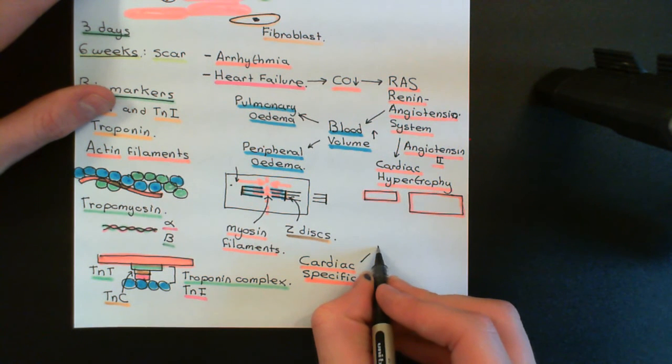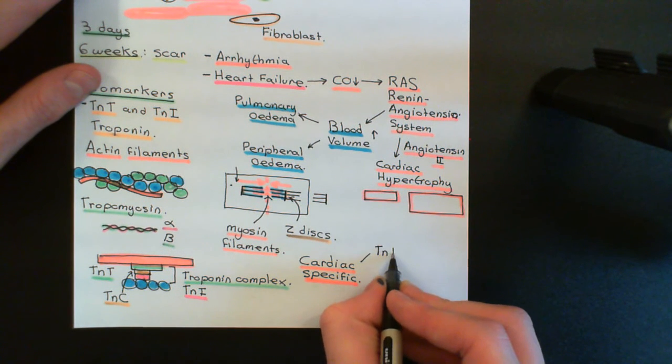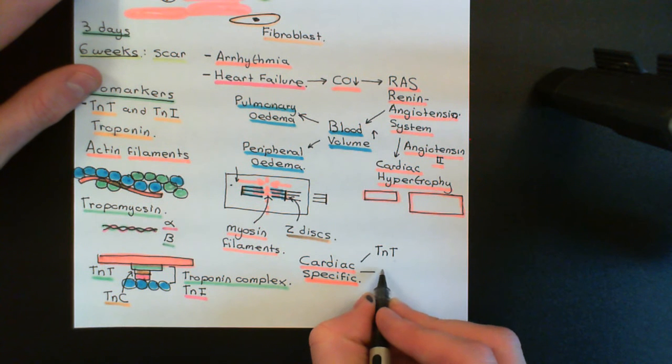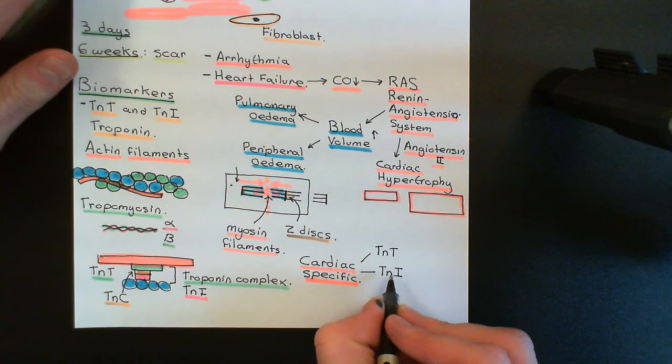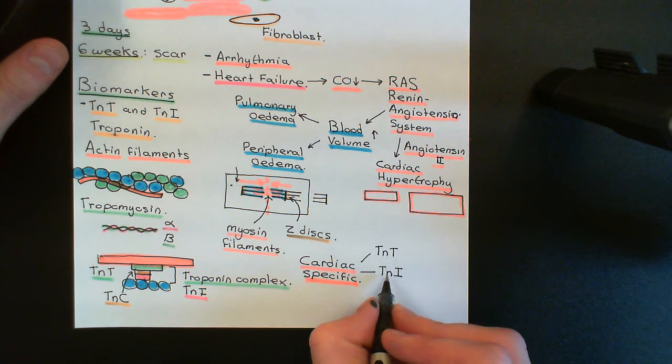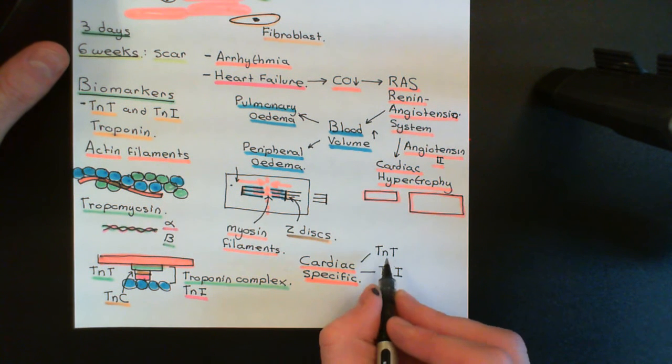So when we're trying to diagnose someone as having suffered from a heart attack, we take a blood sample and we look for cardiac-specific troponin T and cardiac-specific troponin I, and this shows us that there must have been myocardial cells dying.